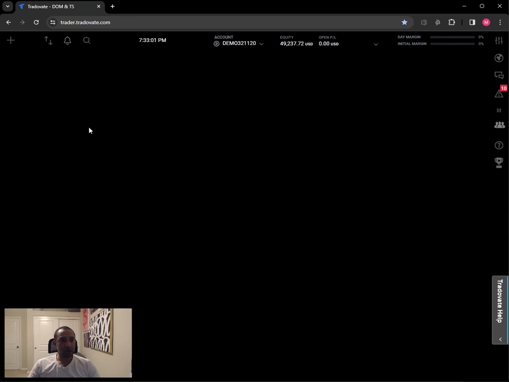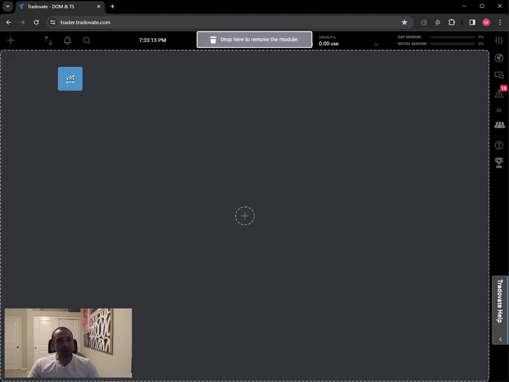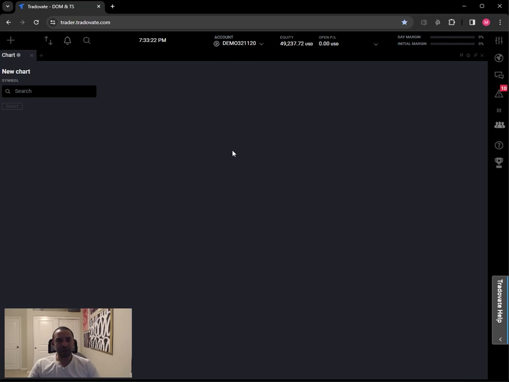So what I'm going to do is I'm going to add a chart. So up here in the top left, there's a plus button that says add modules when you hover over it. So you click on that, and then you can click and drag the chart to wherever you want. Since there's nothing else on the screen, it's just going to take up the whole screen, which is just fine. And then you're going to want to search for a symbol.